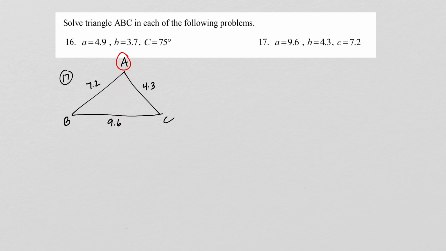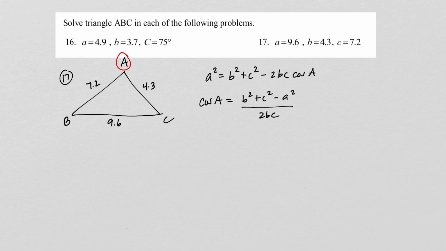So to find angle A, we are going to use the formula a squared equals b squared plus c squared minus 2bc times the cosine of A. Now what we're going to do is isolate the cosine of A, and I've talked about this before in lesson videos, and so I'm just going to write down what that formula would be. So cosine of A is b squared plus c squared minus a squared divided by 2bc.